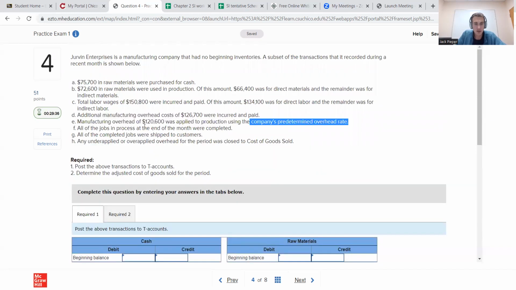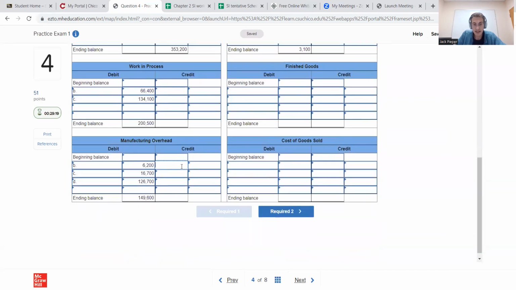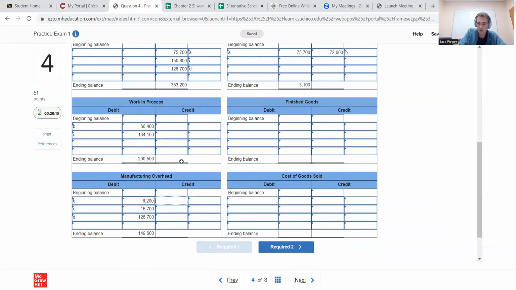All right. So when we have cost leaving the overhead, actually, I'm just going to describe what's going on. Here we have the manufacturing overhead leaving the manufacturing overhead account and going to production, which is the work in process account. So let's make it leave the manufacturing overhead account. 120,600.